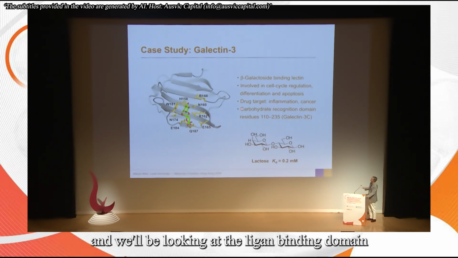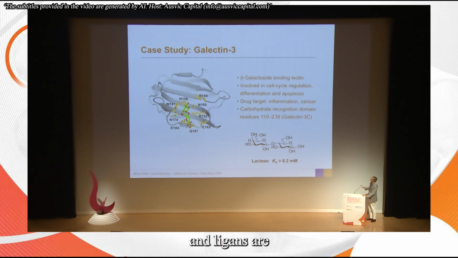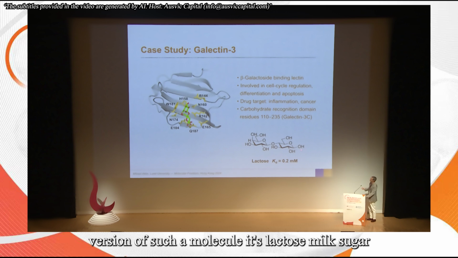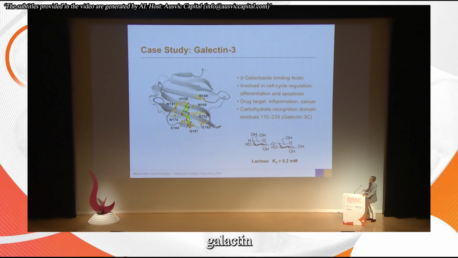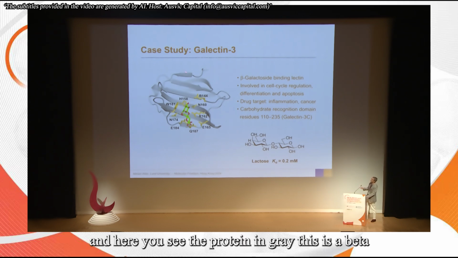And we'll be looking at the ligand binding domain, and the ligands are galactosides, and here is a very small version of such a molecule. It's lactose, milk sugar, very common, and this is like the smallest building block that represents the natural ligands of galectin.